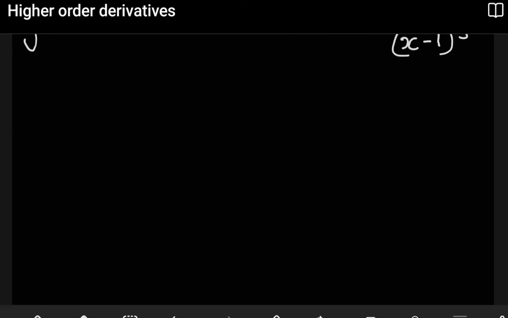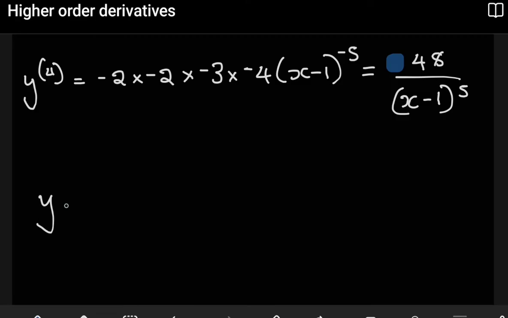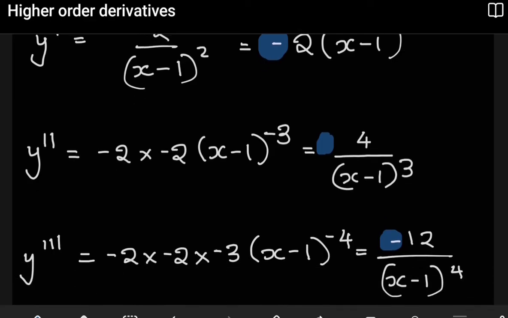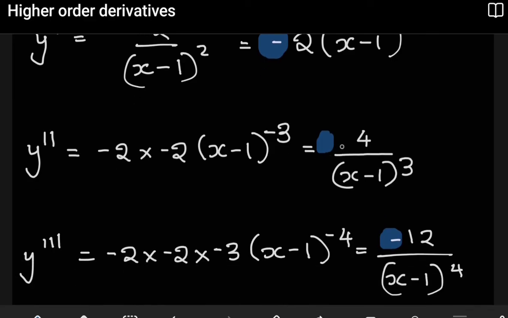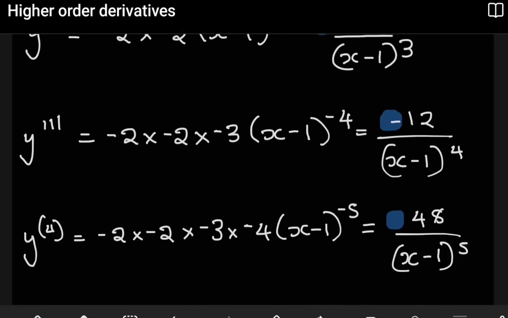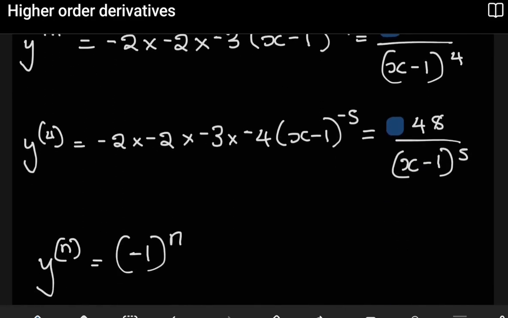In other words, to predict the nth derivative for the negative part, it's easy. We have negative 1 raised to the power n. When n is 1, the negative is present. When n is 2, the negative will be squared out. When n is 3, the negative will survive. When n is 4, it is squared out again.